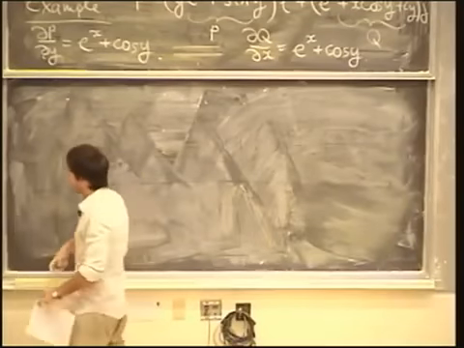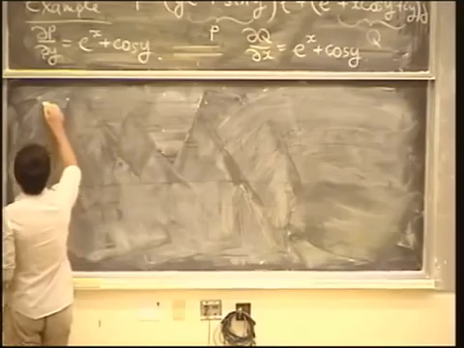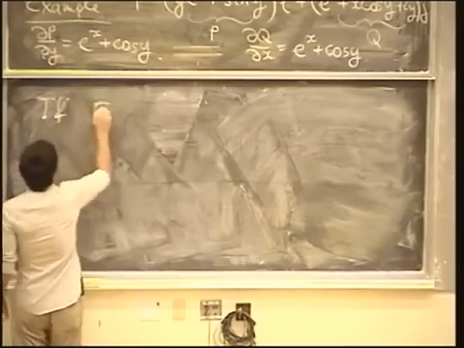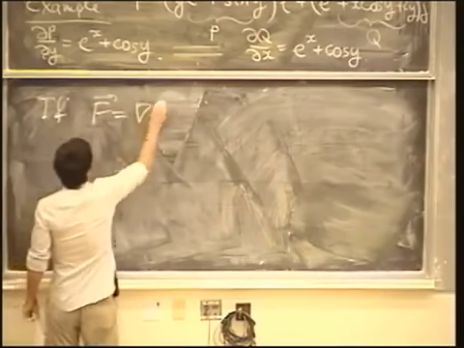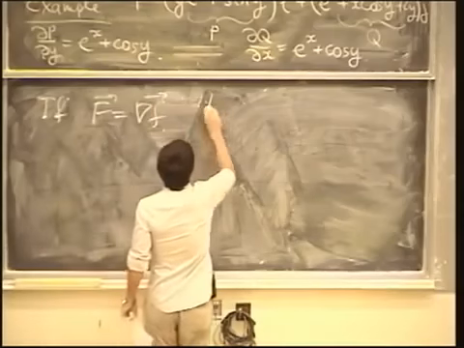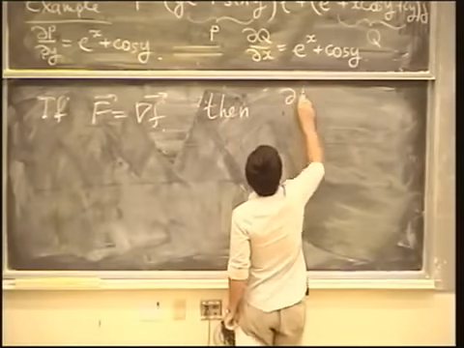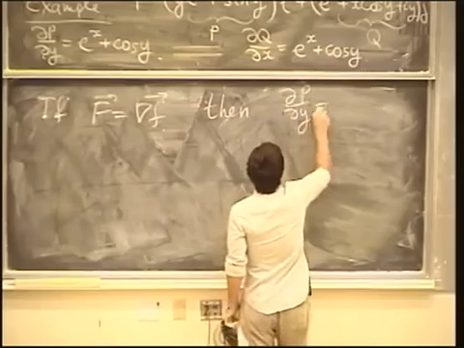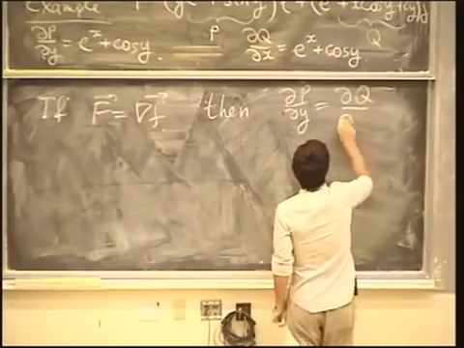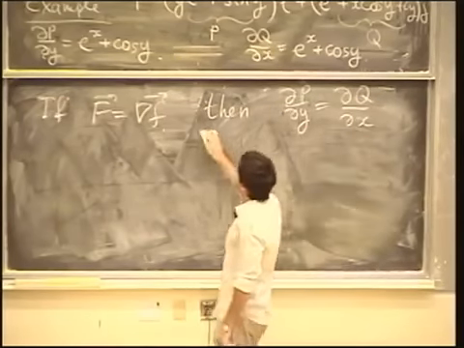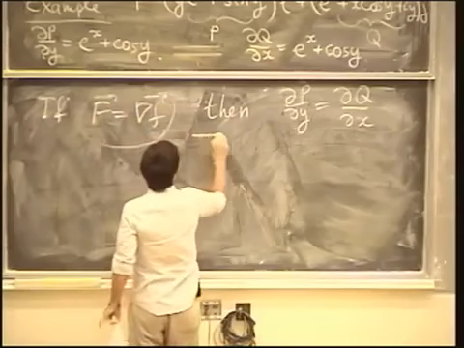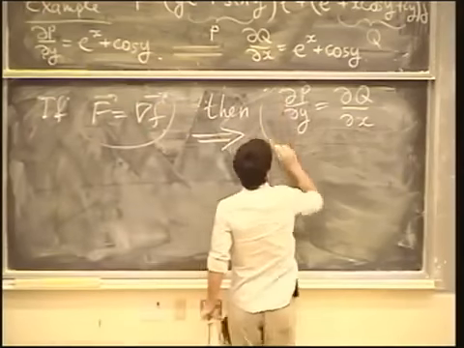Okay. So what we've established so far is that if F is conservative, then dP/dy is dQ/dx. In other words, this statement implies this statement.